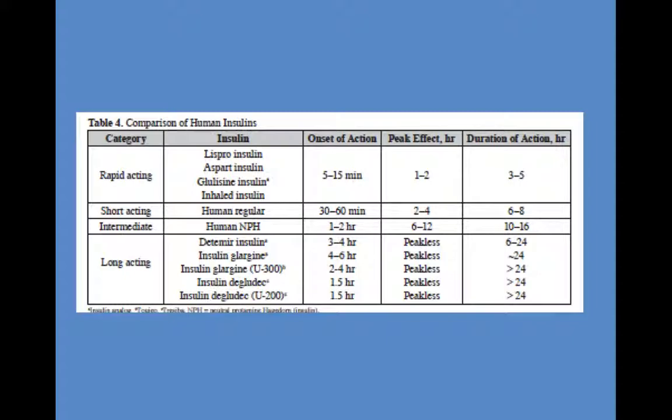Intermediate is usually like a twice a day insulin given as a basal insulin, and you'll even see a mixture of regular and NPH called 70-30, which is 70% NPH, 30% regular, and they can give that 1 shot a day in combination if they're able to do that to cover their mealtimes and their basals.